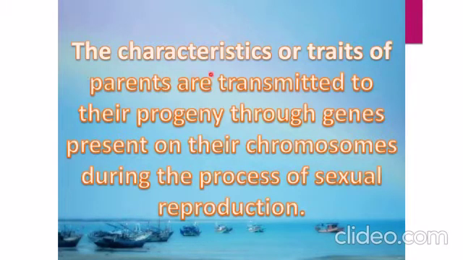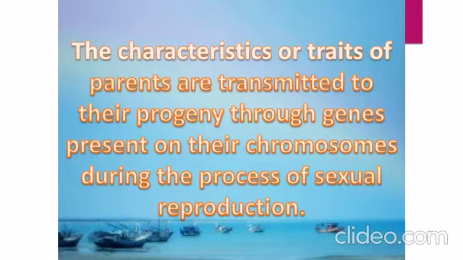The characteristics or traits of parents are transmitted to their progeny through genes present on their chromosomes during the process of sexual reproduction. So, how are the characteristics transmitted? With the help of genes, and genes are located on the chromosomes.